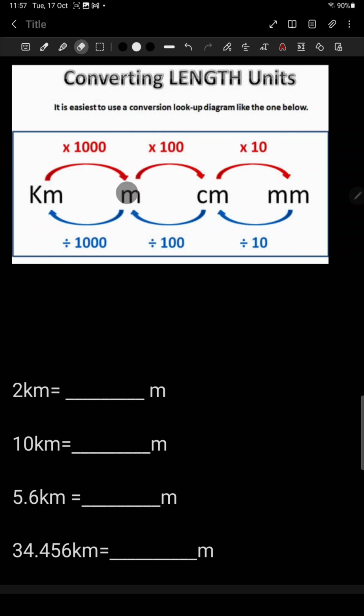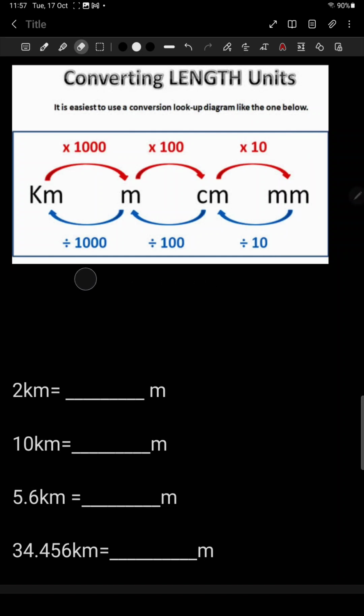Similarly, converting from meter to centimeter, we multiply the number by 100. And converting from centimeter to millimeter, we multiply the number by 10. So we need to learn this table. We need to have a map of this table in our mind while we are converting the units.